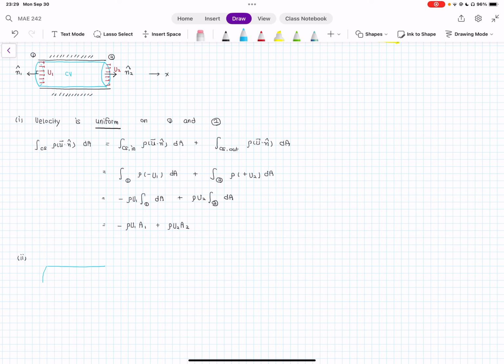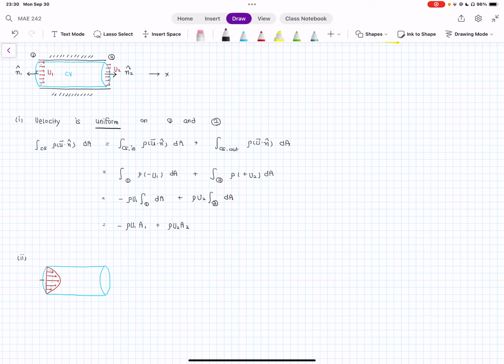Say we have this control surface like this, and let's assume that our velocity profile is actually not uniform. Say this is kind of parabolic. It's maximum at the center line. It's 0 at the solid wall.